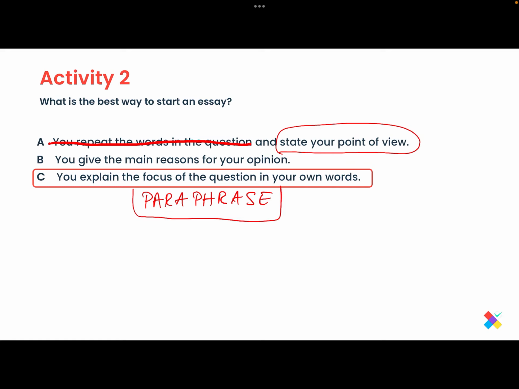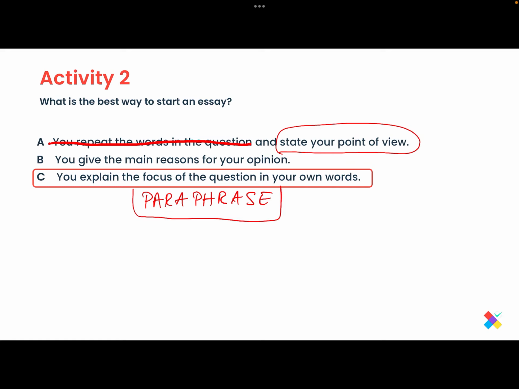But a lot of students make this mistake of actually literally copying the question into their introduction, and those words are not your words, so those words are going to be deducted from the total of 250 words, and then your essay is going to be under length. So no, don't do that.